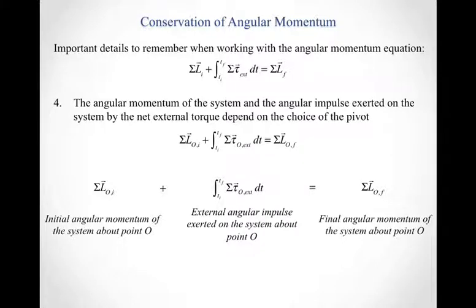One of the things we need to keep in mind is that there may be times where whether or not the angular momentum is conserved can be a function of our choice of point O. Depending on where we choose to put the pivot, the integral for the net external angular impulse might disappear or it might not.